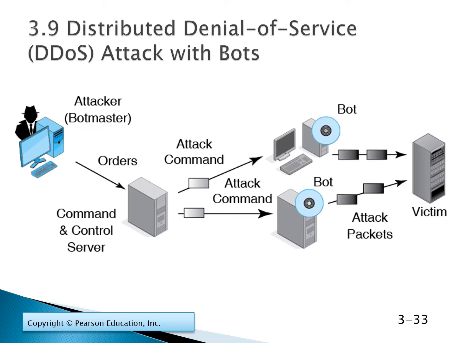One of the very popular types of attack, and one that does a lot of damage, is the DDoS attack, what we call the distributed denial of service attack. A denial of service attack tries to bring down the service of a company or a server, right?